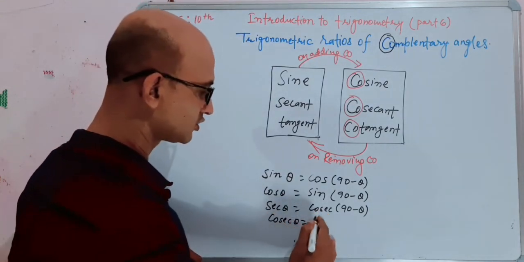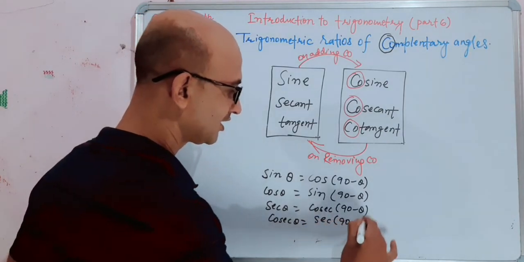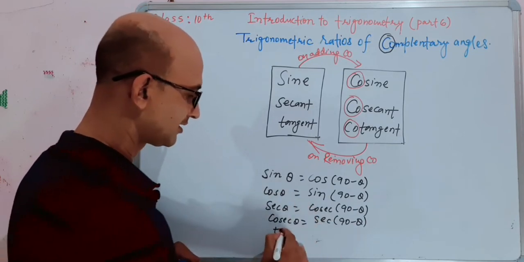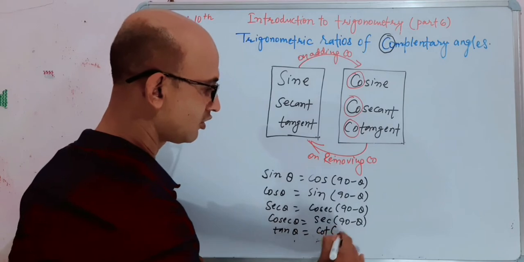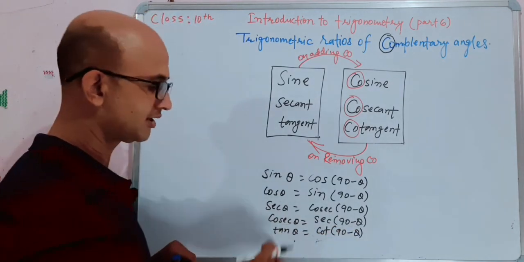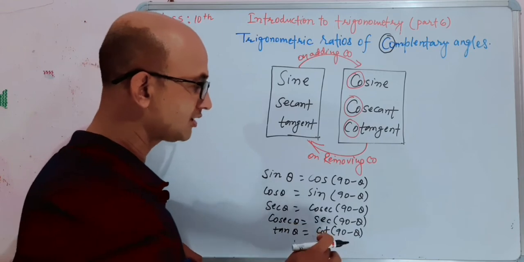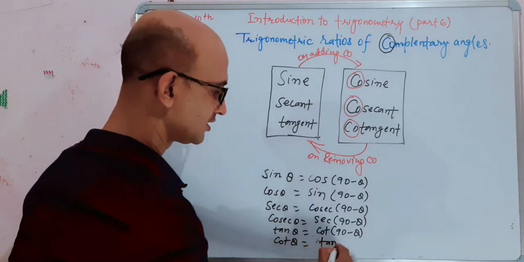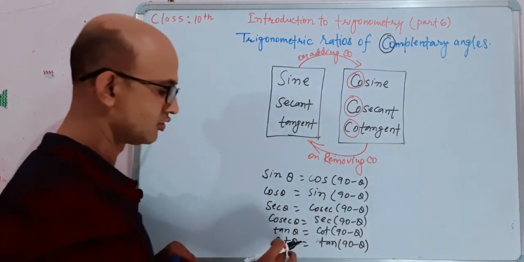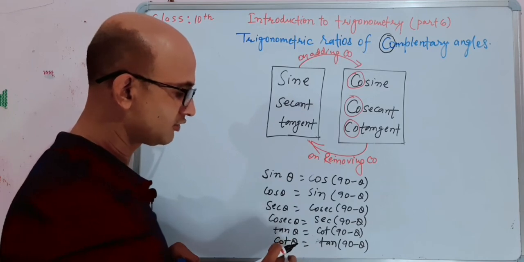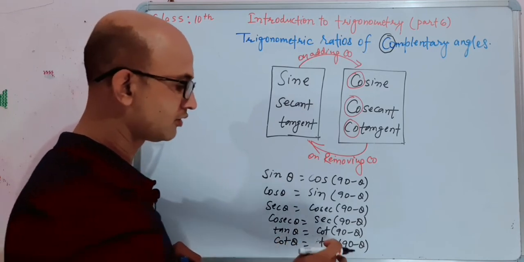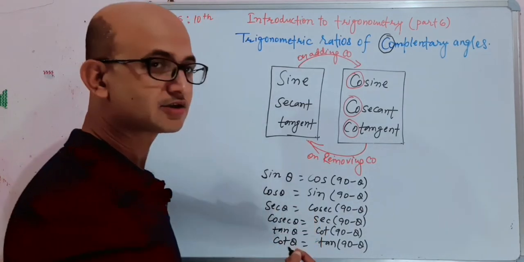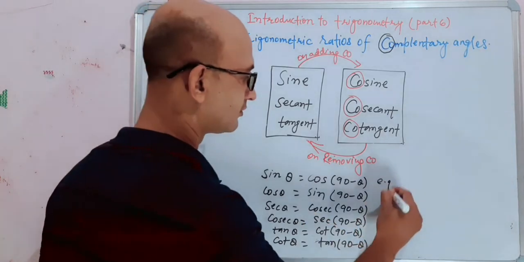Cosec theta equals sec 90 minus theta by removing co from cosec. Tan theta equals cot 90 minus theta by adding co with tan, we get cotangent, and cot theta equals tan 90 minus theta. We get complementary of cot by removing CO from it, that is tan, and complementary of theta is 90 minus theta.